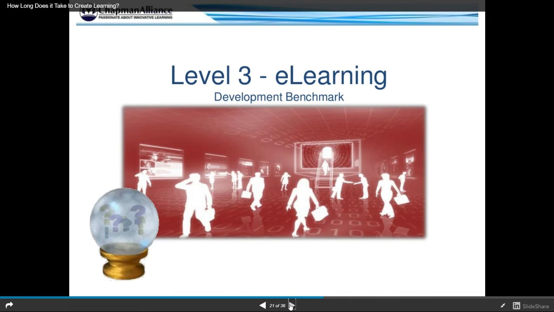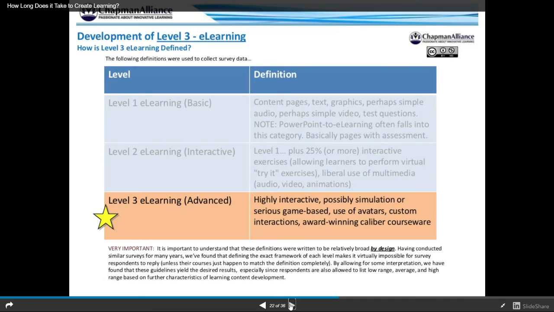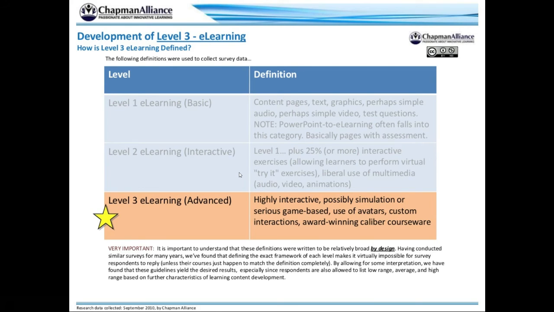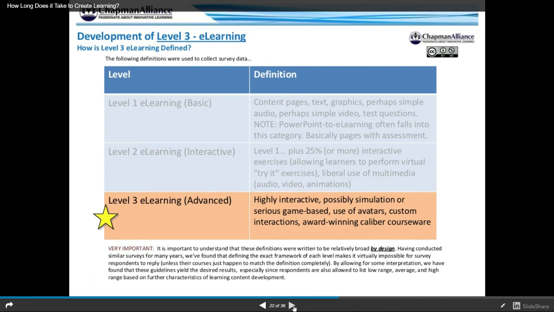He talks here about level 3 e-learning. Level 1 is basic, just kind of like PowerPoint. Level 2 is interactive PowerPoint plus maybe try-its or simulations. And level 3 is a full-blown interactive simulation with avatars and award-winning type of stuff.